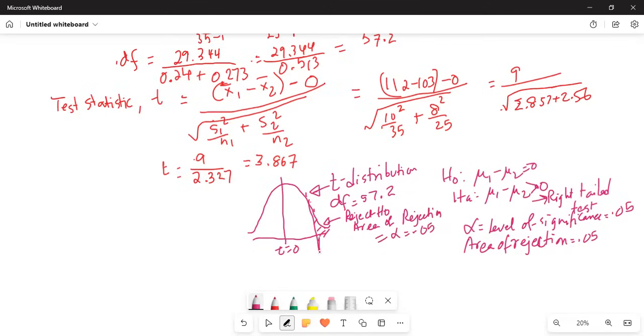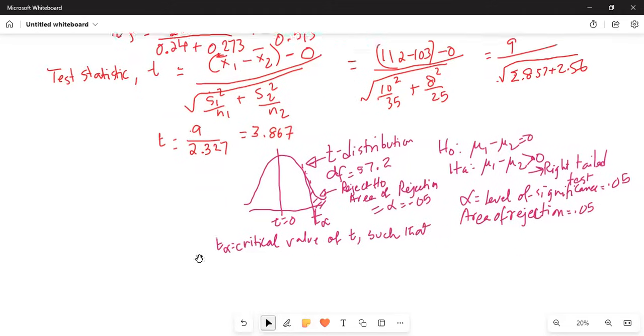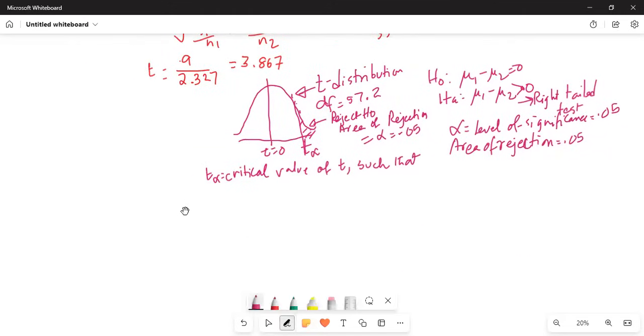We need to find this critical value, T alpha. T alpha is the critical value of T such that we reject H0 if the test statistic T is greater than T alpha.